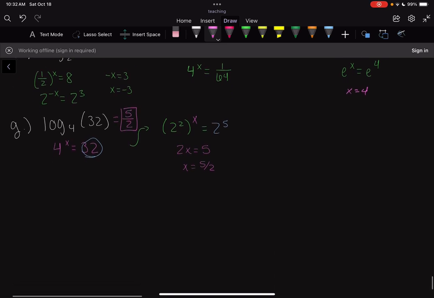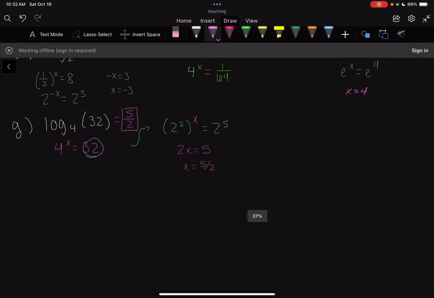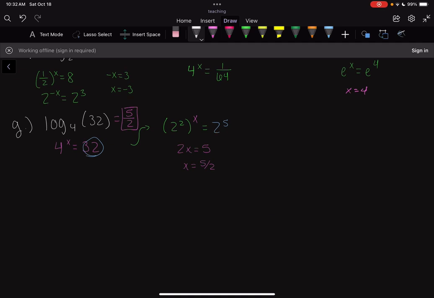Now that we've seen some log evaluation problems, I do want to practice moving from exponential form to logarithmic form and vice versa.